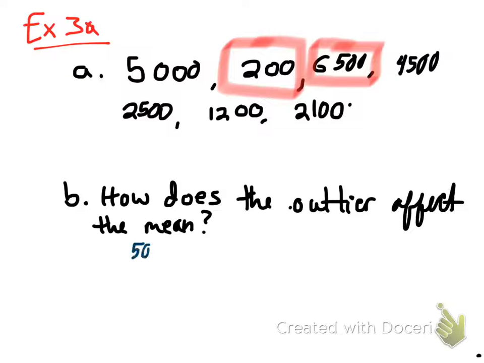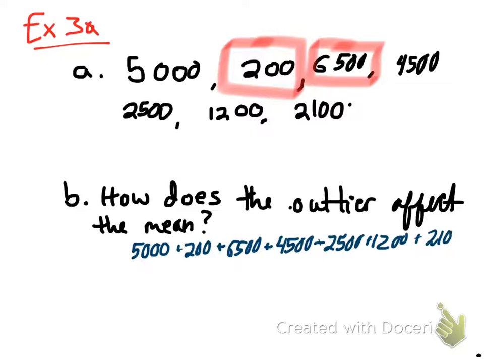So we'll add up all our numbers. Divide by the total number of numbers.